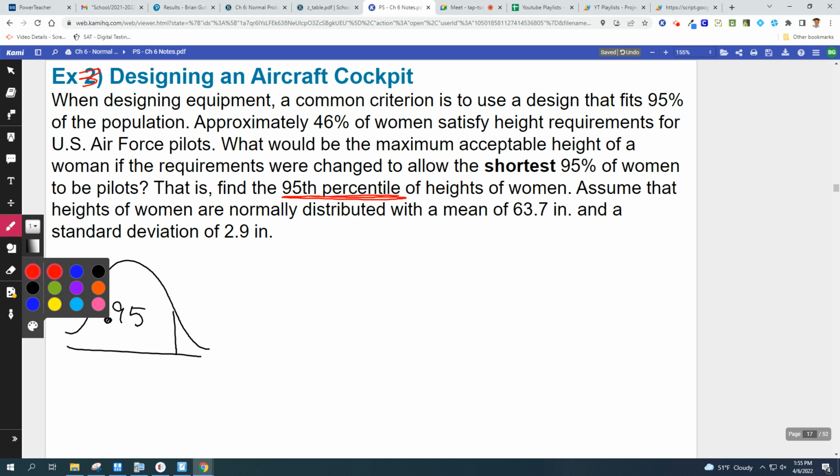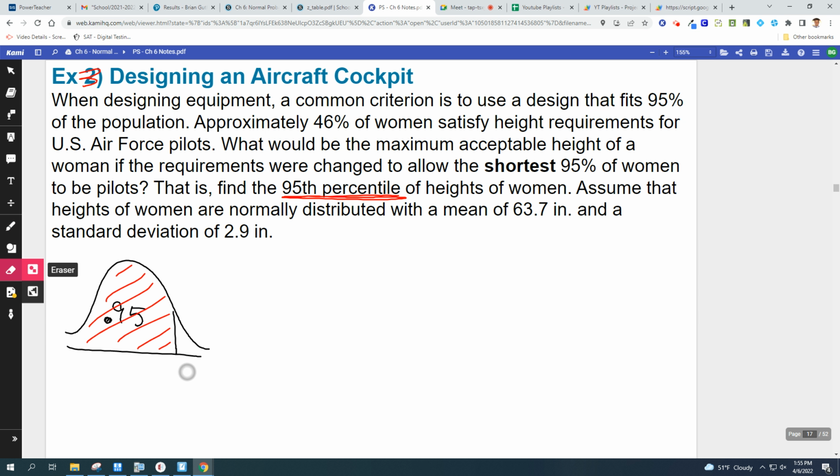So what this problem gives us is the bottom 95%, and we want to know what this number is right there. Okay, whether it's a z-score or an x number or whatever, we want to know what that number is. All right, I guess specifically in this problem, we don't want a z-score, we want an x number.